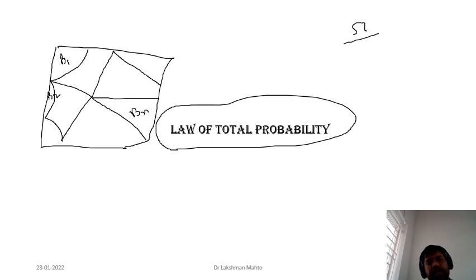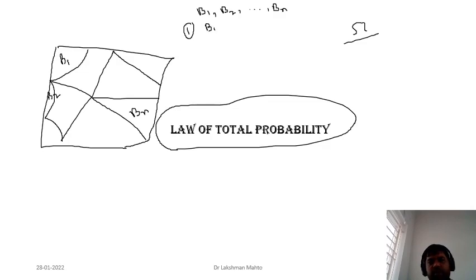So here we observe that, for being a partition, events B1, B2, B3, likewise up to Bn, will form a partition of this sample space omega if the Bi's are mutually exclusive.